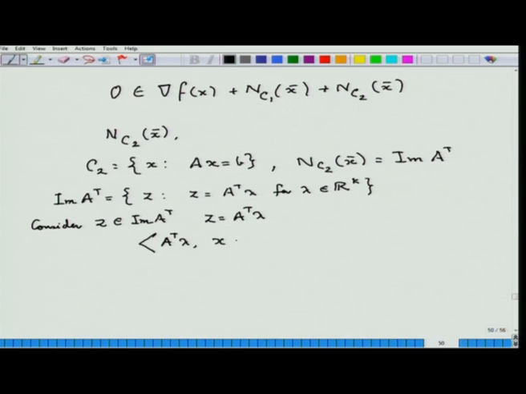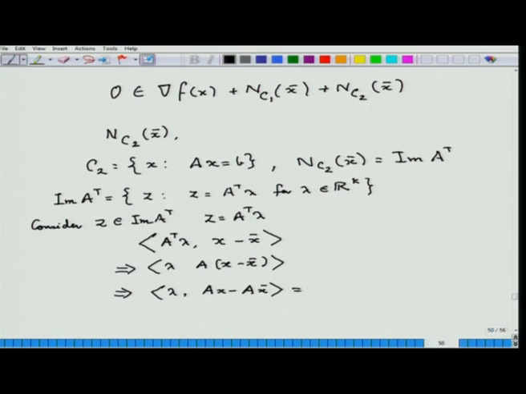Then take any x in C and take the x bar, and compute this. This must be less than or equal to 0 if this has to be in the normal cone. So, this would imply lambda times A(x) minus A(x bar). But if these both are in C, then both are equal to b.